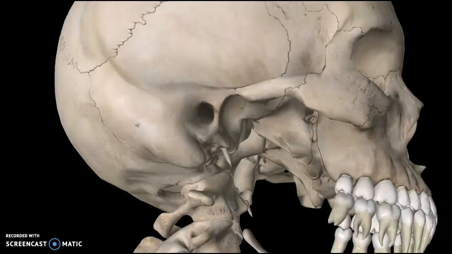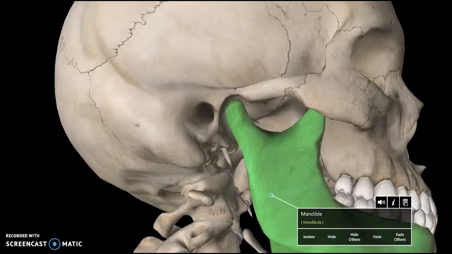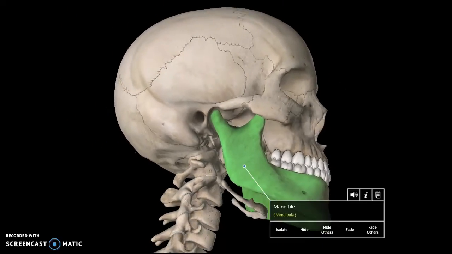Okay, so this structure here is known as the mandibular fossa, and this is the place for the mandibular condyle, which is where it attaches to. And that sums up the mandible. Now we can talk about the temporal bone.